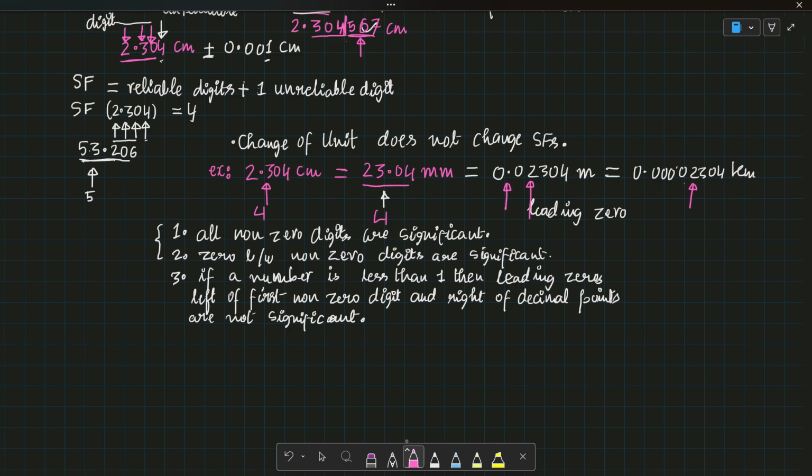So right of the decimal point and left of the first non-zero digit, these zeros are not significant.